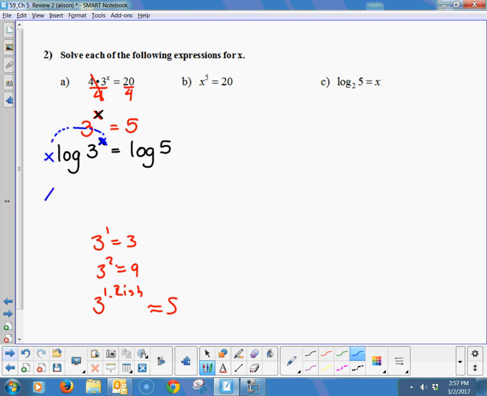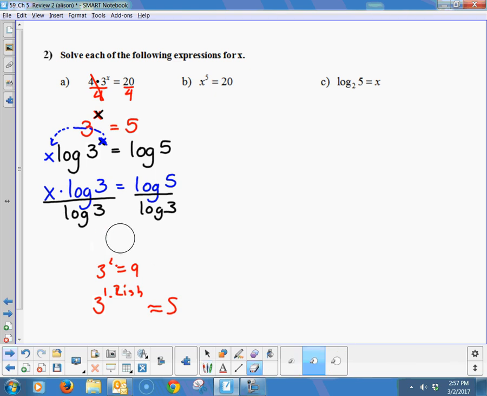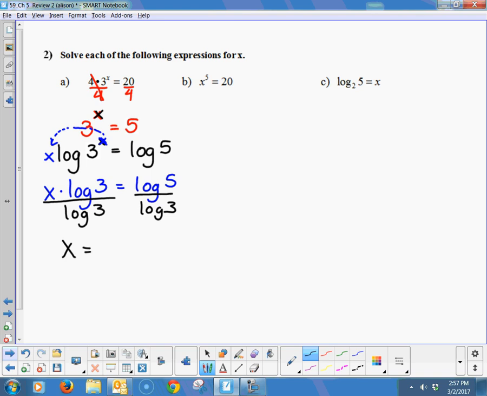So this is the same thing as x times log 3 equals log 5. And then we divide both sides by log 3, because that's just a number. And I'm sensing that we're going to have an answer pretty soon. x must equal log of 5 over log of 3, whatever the calculator tells us that is.